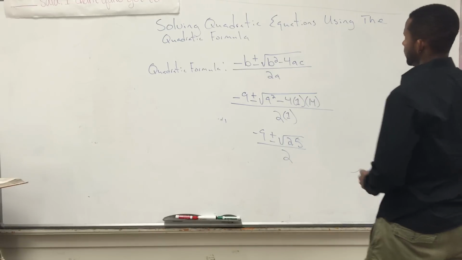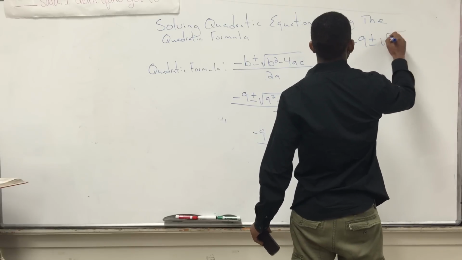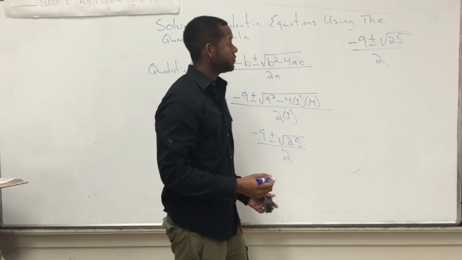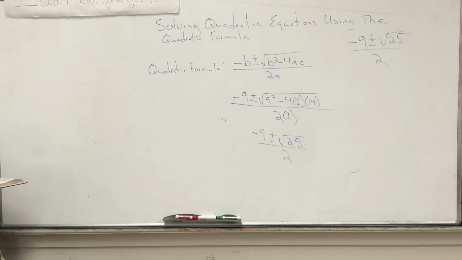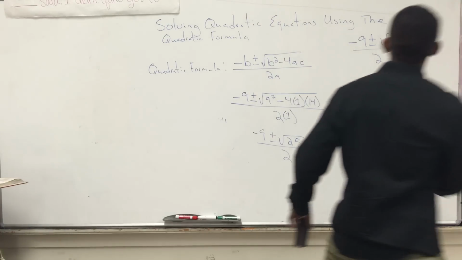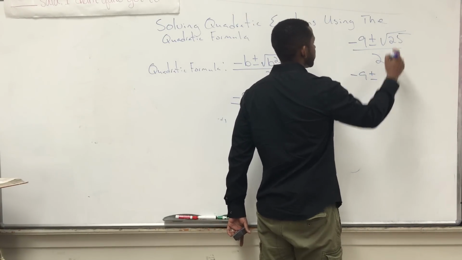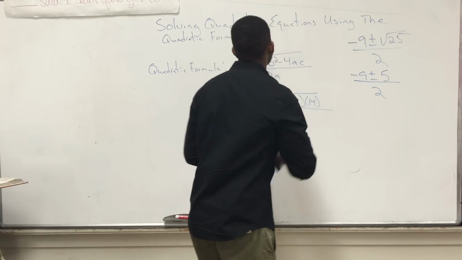I'm going to rewrite that over here: negative 9 plus or minus the square root of 25, over 2. Make sure you can see that. Well, I know the square root of 25 is 5, so negative 9 plus or minus 5 over 2.